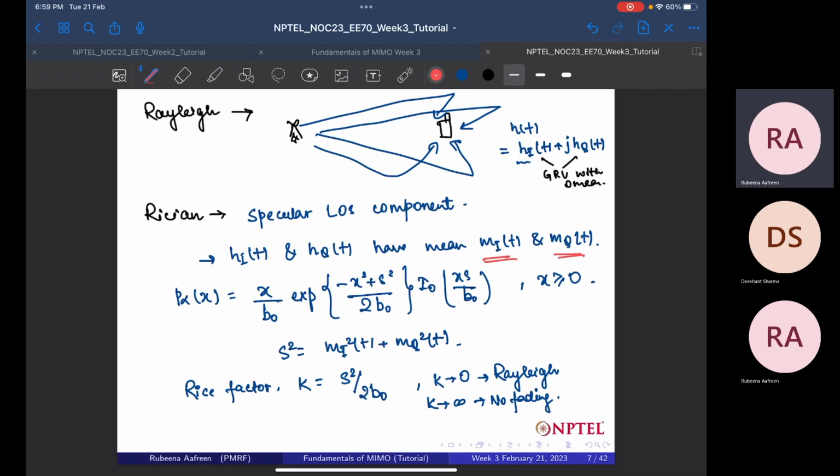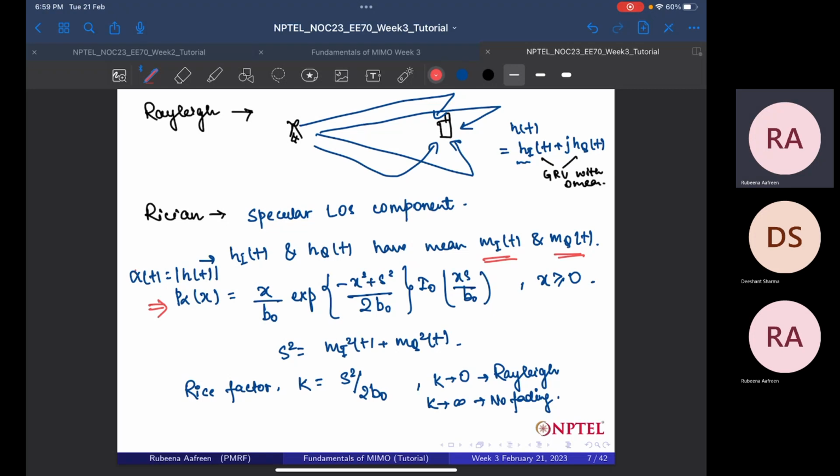When you compute the envelope of this H(t), alpha(t) is the envelope of H(t). So the PDF of alpha(t) is Rician in this case, when the mean is non-zero. So this is the PDF of the Rician function. Here S square is the sum of mi squared t plus mq squared t.